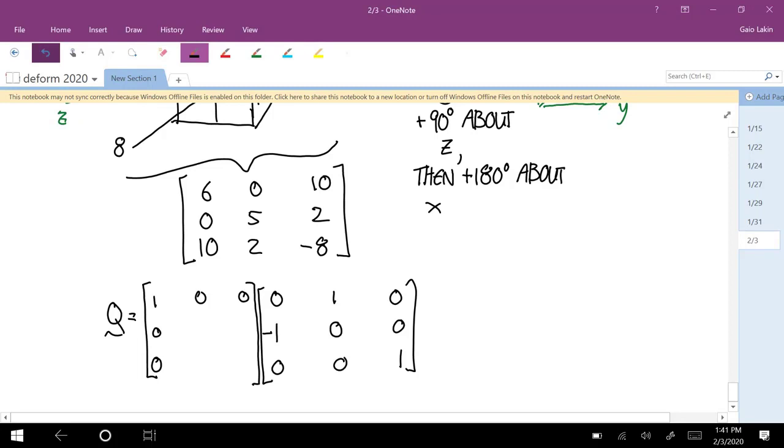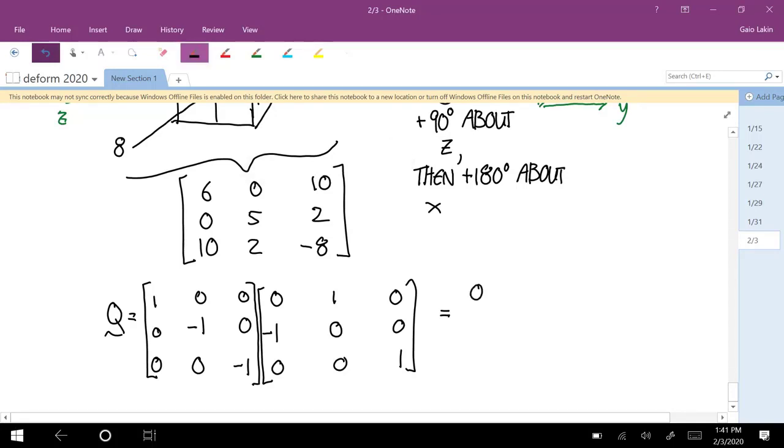So cosine of 180 is negative 1. Sine of 180 is 0. Negative sine of 180 is 0. Cosine of 180 is negative 1. Now we'll multiply these two together.